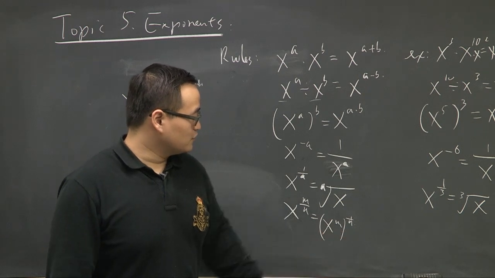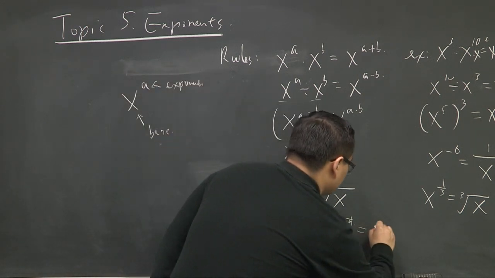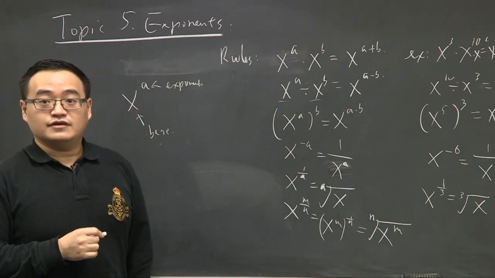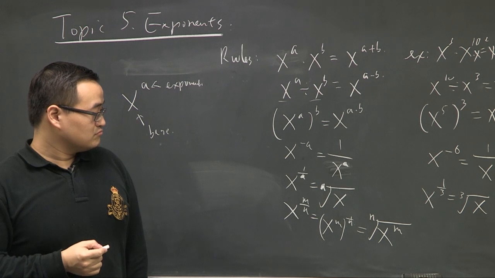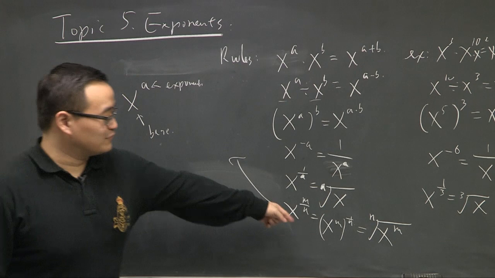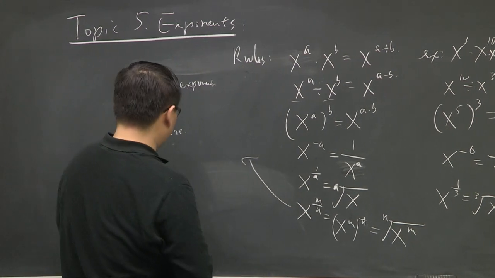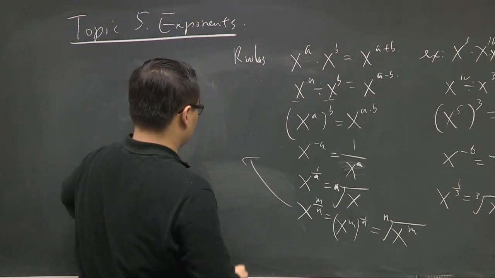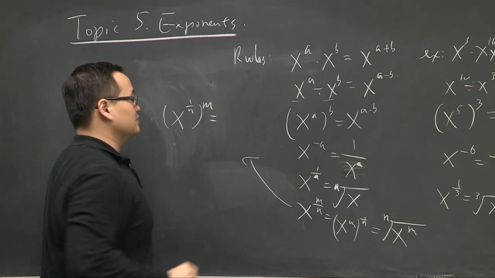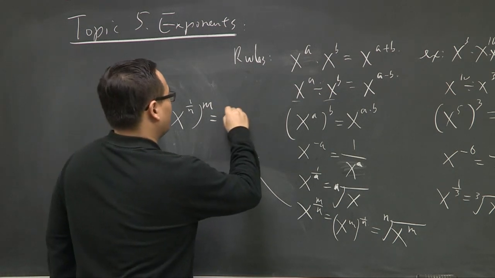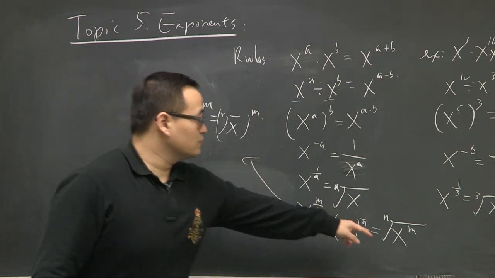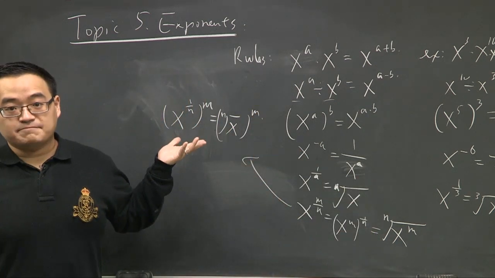So this is really the nth root of x to the m. Alternatively, I can take this approach. It's the commutative law, so I can do x to the 1 over n, to the m. In that case, it will be the nth root of x, to the m power. And these two things are virtually the same.